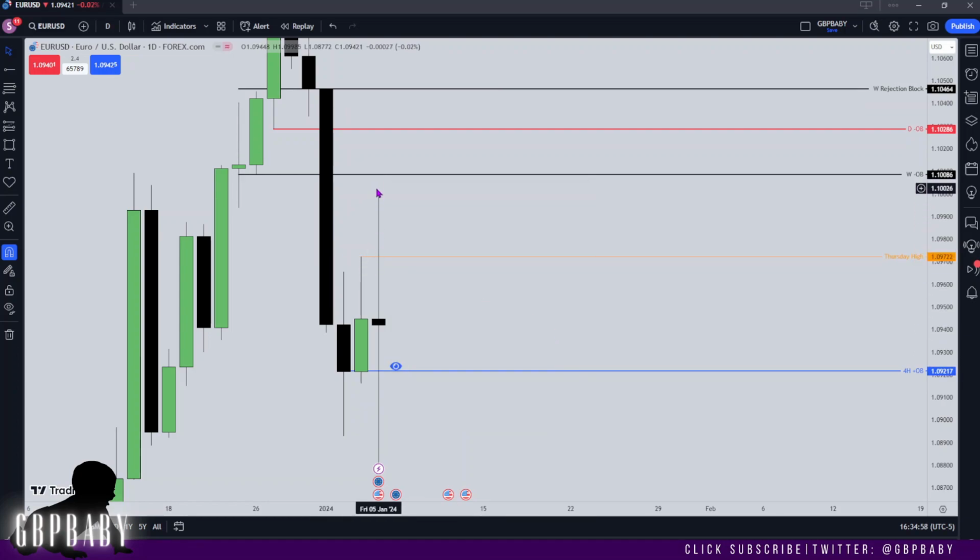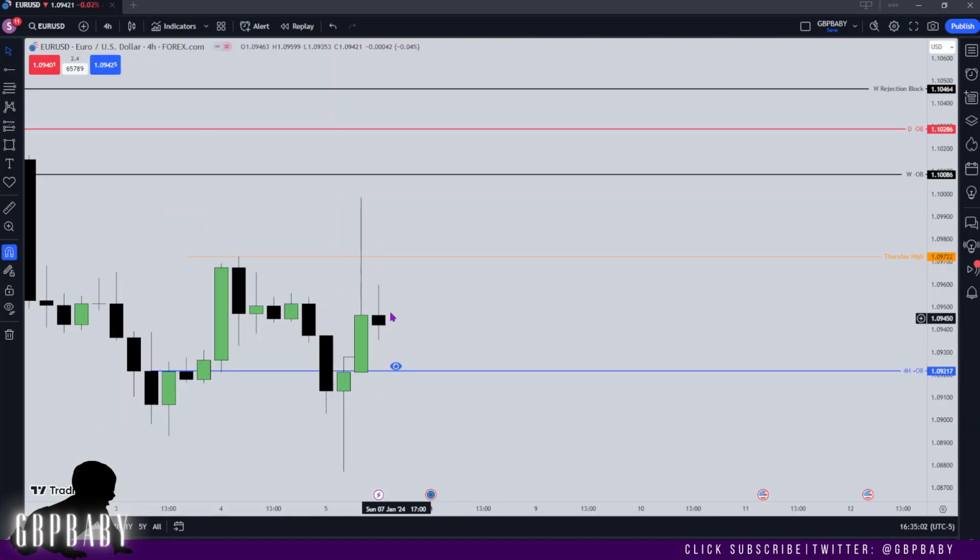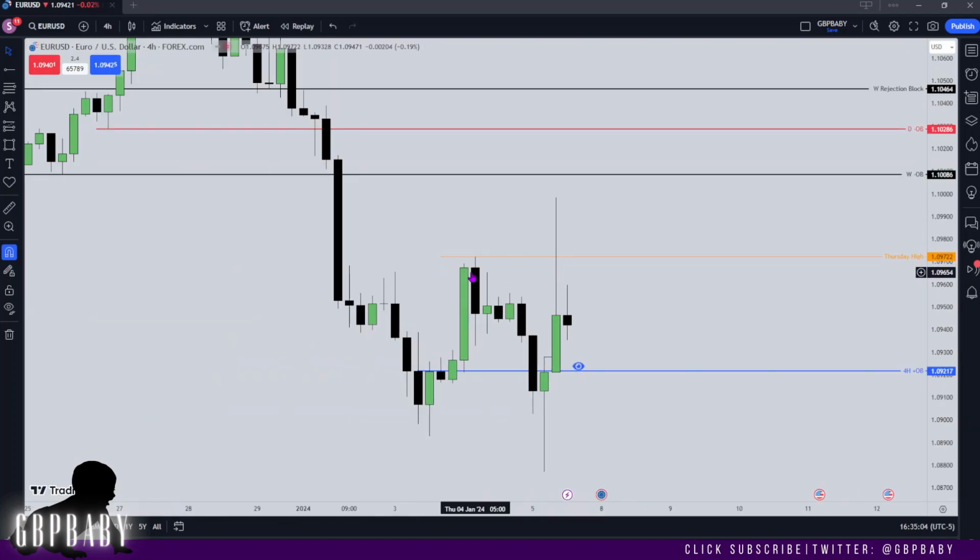Yes, we have this swing high to trade to in terms of releasing positions above. However, it's this swing high I'm still referring to because, again, volume hasn't yet closed above there. So on the 4 hour, I want to see volume close above this Thursday high. And it lines up nicely with this high, so there's relative equal highs, as you can see.